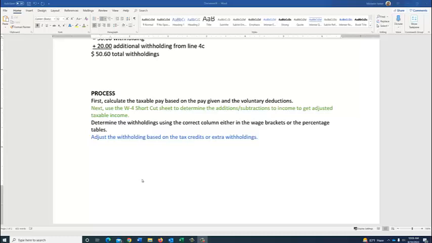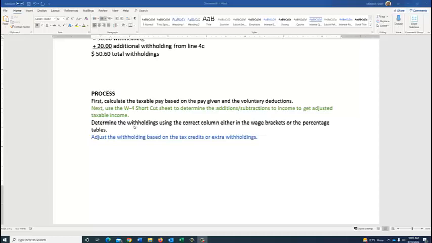Next, make note of the lines completed on the W-4 by the employee and use the shortcut sheet to determine any additions or subtractions to income to get the adjusted taxable income. Those are listed in green on the shortcut sheet. So once you have your adjusted taxable income, go to either the wage brackets or the percentage tables.